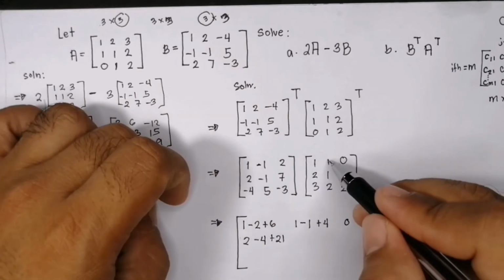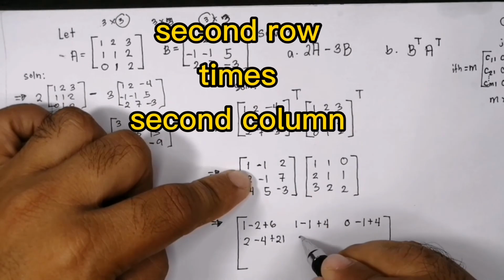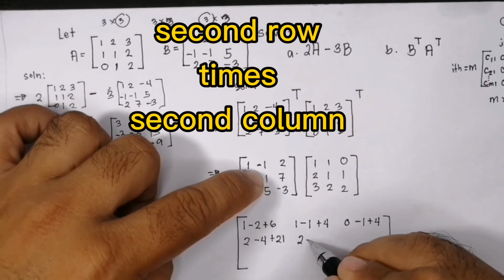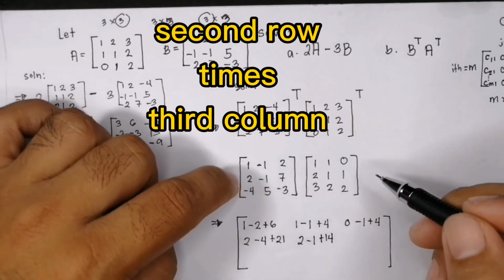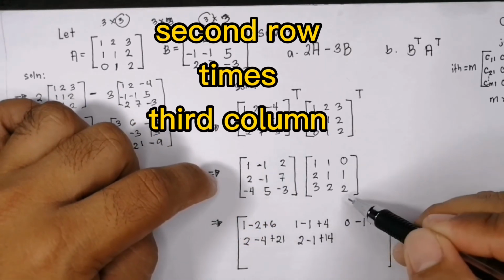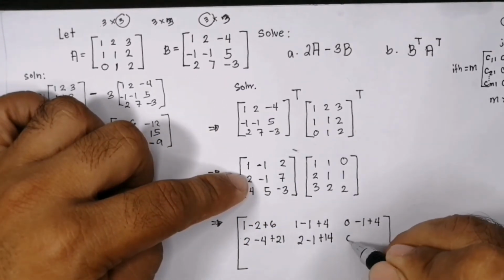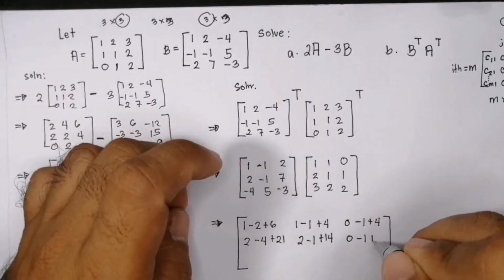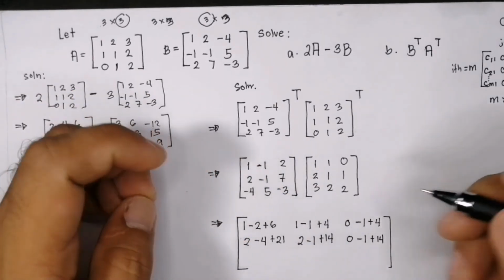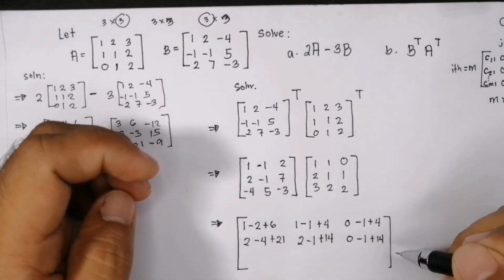Second row, second column, 2 times 1 is 2, negative 1 times 1, negative 1, 7 times 2 is 14. Second row, last column, 2 times 0 is 0, negative 1 times 1, negative 1, 7 times 2 is 14. We have now the second row.